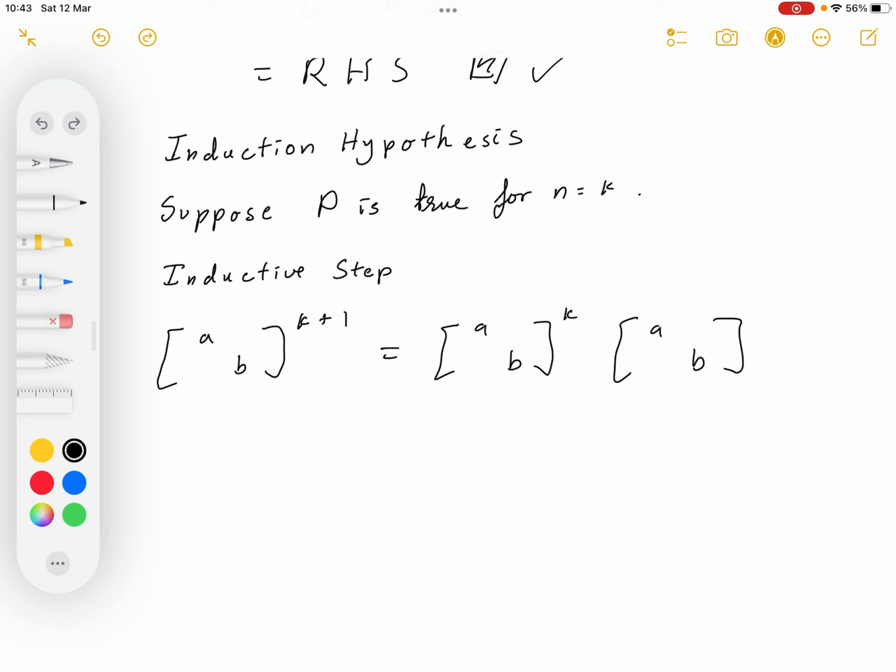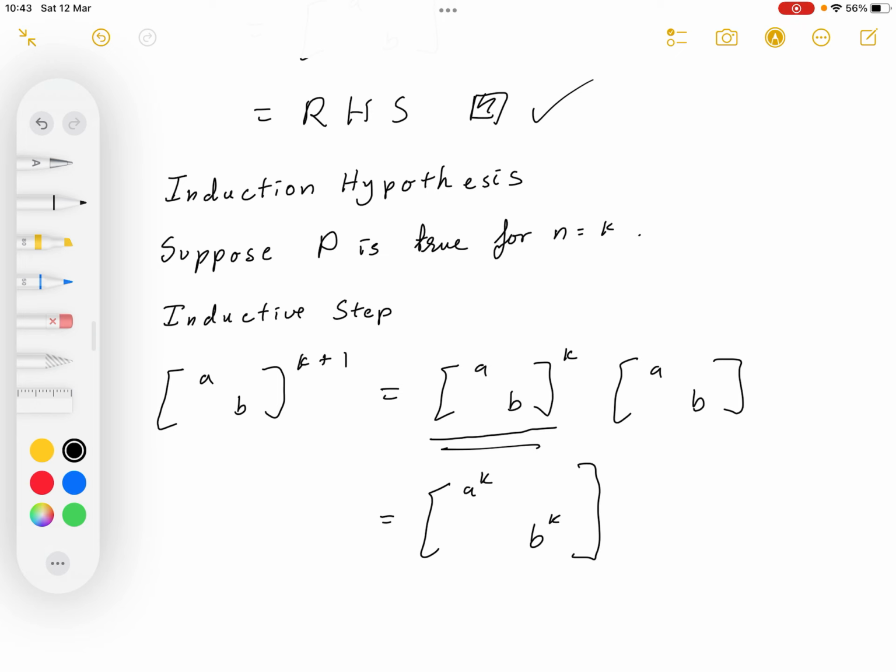So we can use the induction hypothesis on this part to say that this is equal to A to the k, B to the k, because we know that P is true. We're supposing that P is true for some number k.